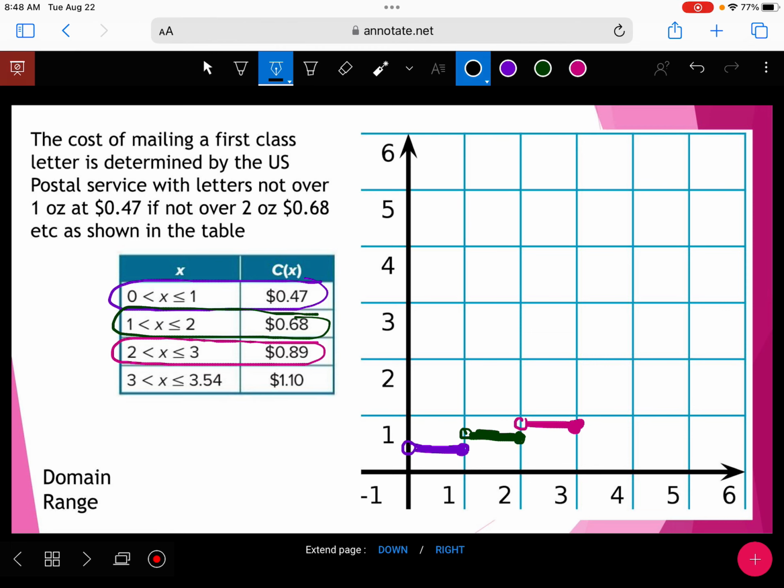And then our last one is between 3 and 3.54. It's a $1.10. And it should look kind of like that.